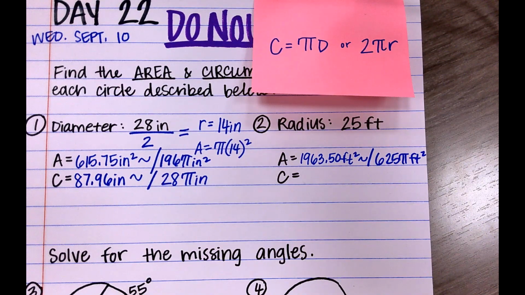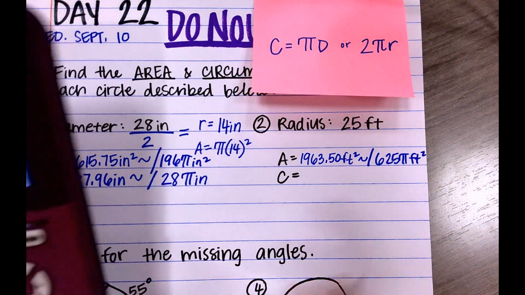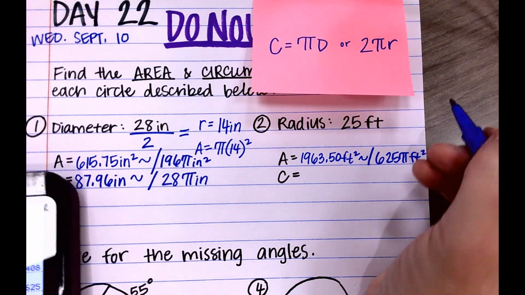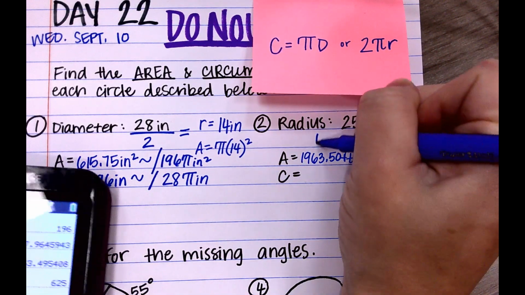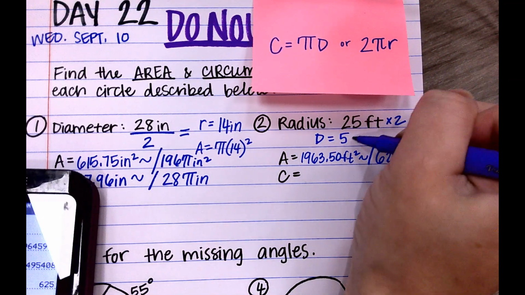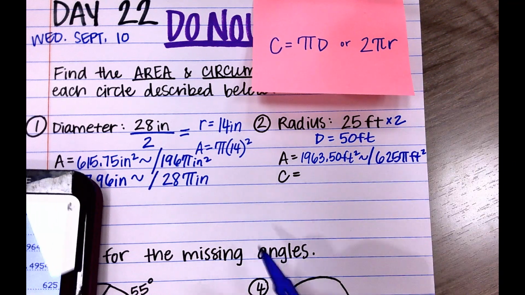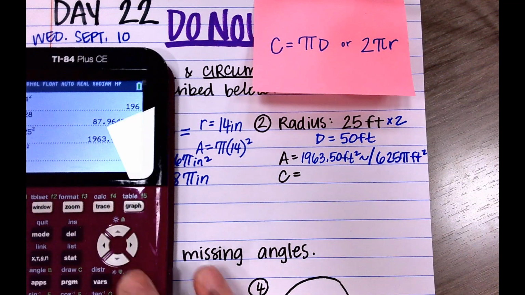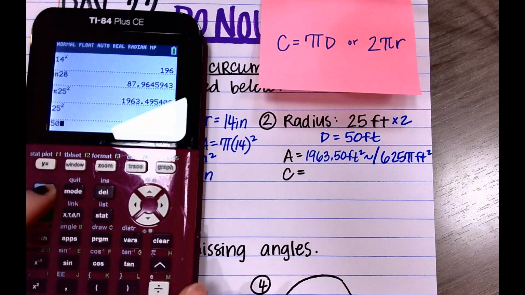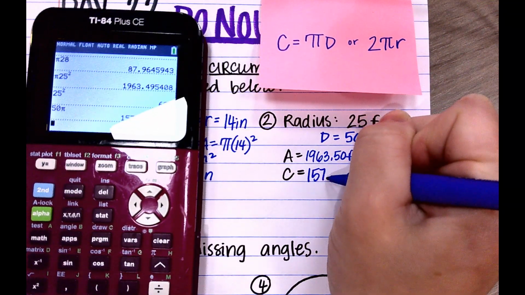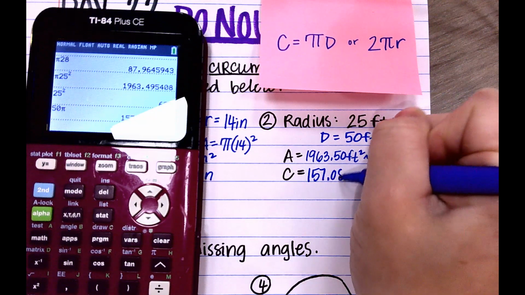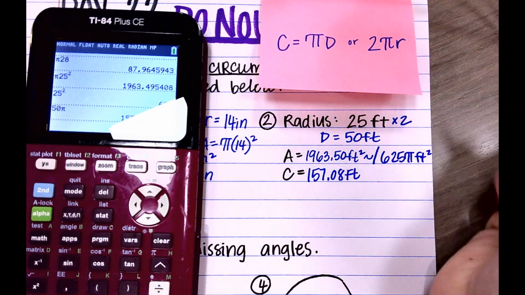How about circumference? Pi times 50 because the radius is 25 feet. Take that times 2 and we get a diameter of 50 feet. So 50 times pi, which is approximately 157.08 feet.